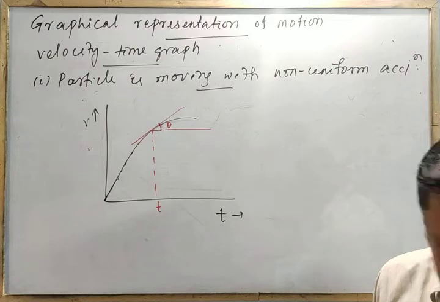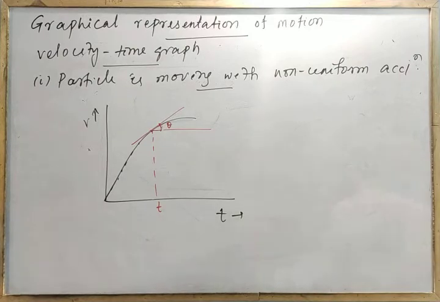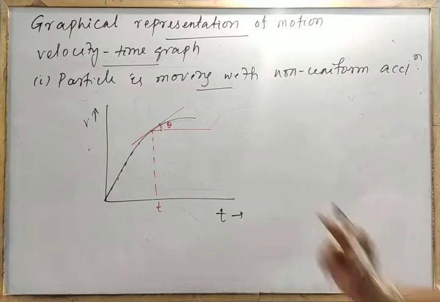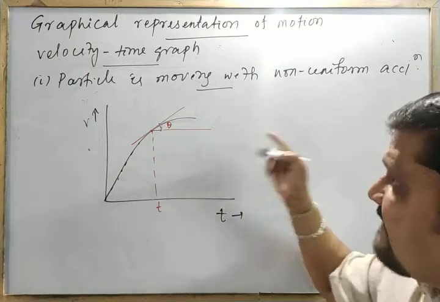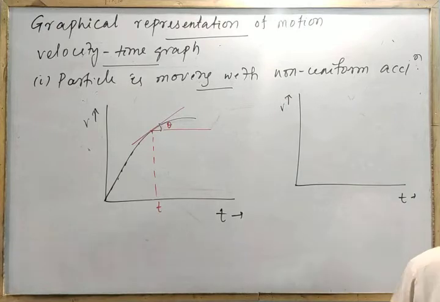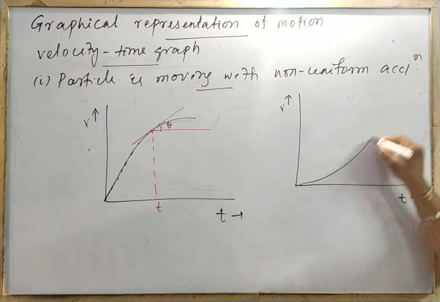If I ask you to show the velocity time graph for a particle whose acceleration is increasing with time and decreasing with time, in the same case, here in this portion, theta is like this. So if I show you a graph like this, let me make it clear. Suppose I have a graph like this and the particle is moving like this.